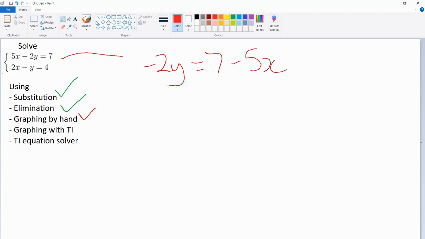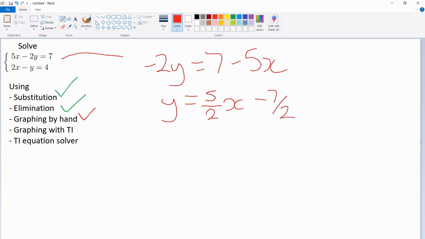Okay, so far so good. Divide both sides by -2. I'm going to swap these two around as well. So we'd have 5 on 2 x, and -7 on 2.